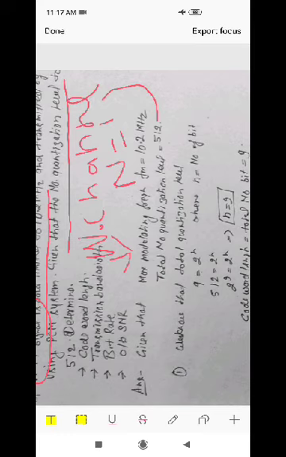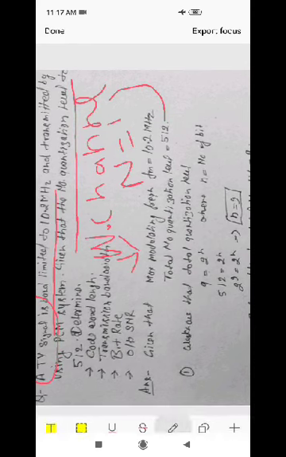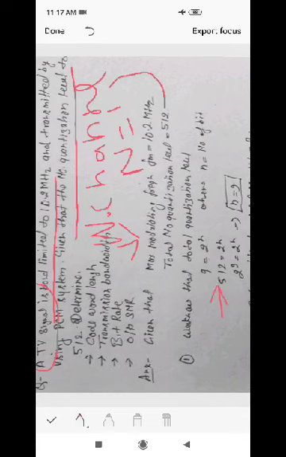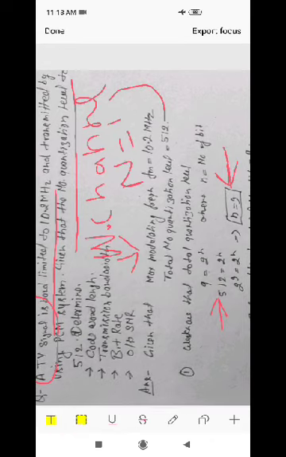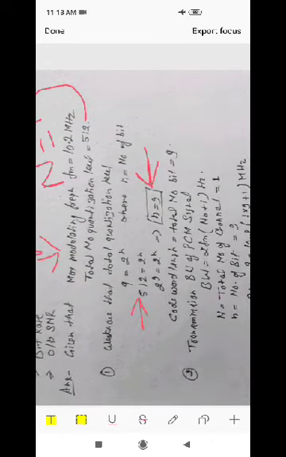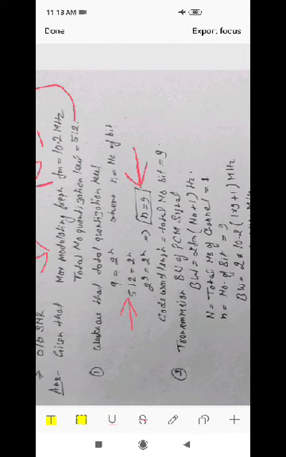The total number of quantization levels is 512, so 512 equals 2 to the power n, means 2 to the power 9 equals 2 to the power n. By comparing, we find that the value of n is 9, means the code word length is 9.